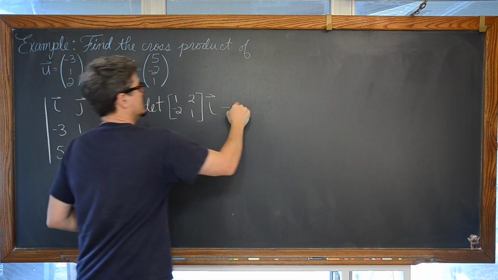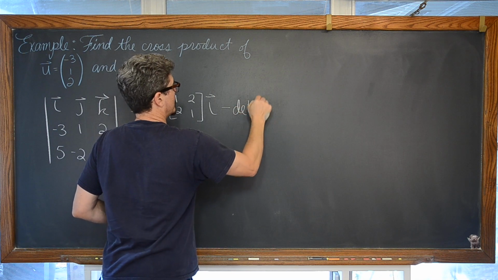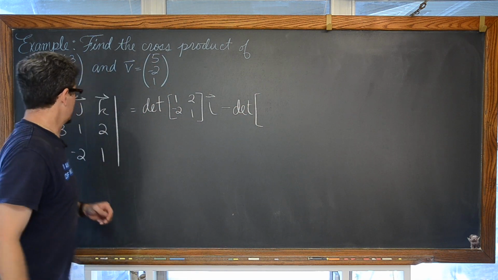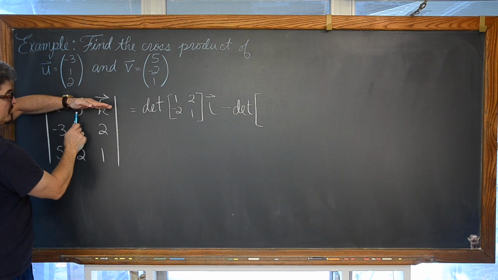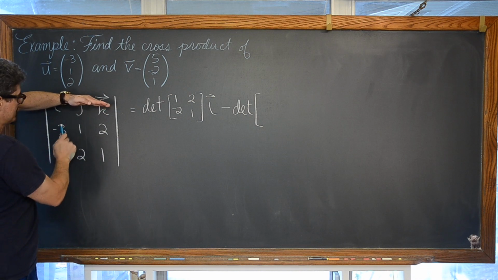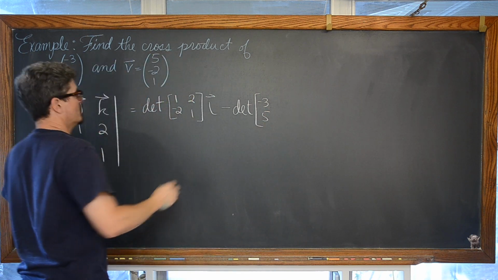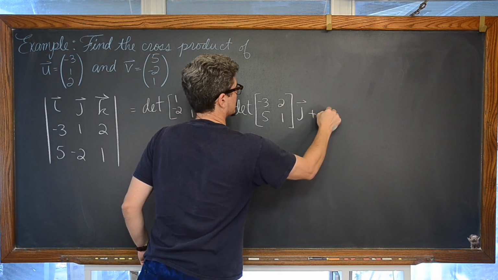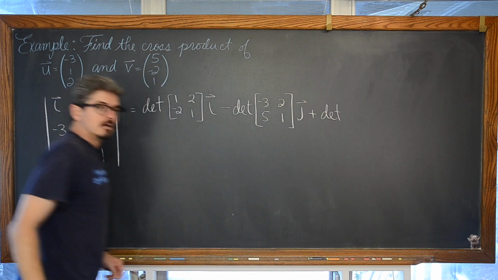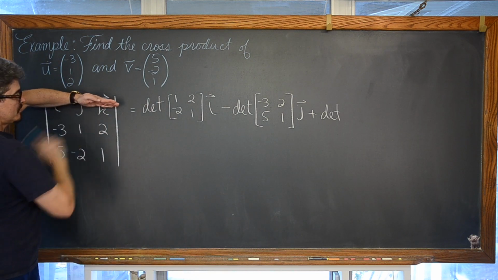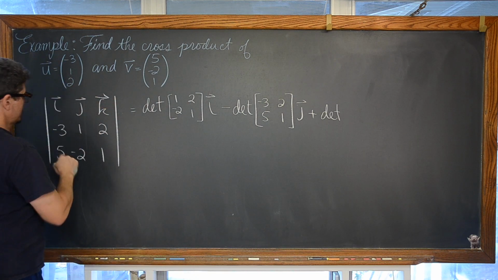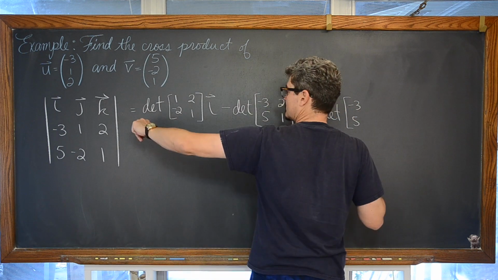Alternate those signs. The determinant of the 2 by 2 matrix you get by crossing out the row and column that has the j component vector: -3, 5. Going in a column, 2, 1. Now plus the determinant. Take out the row and column that has the k component: -3, 5, 1, -2.